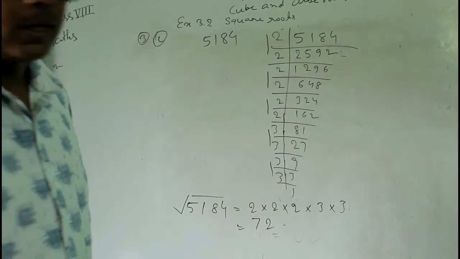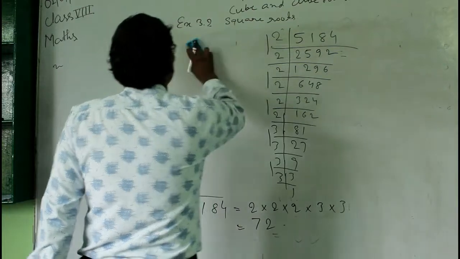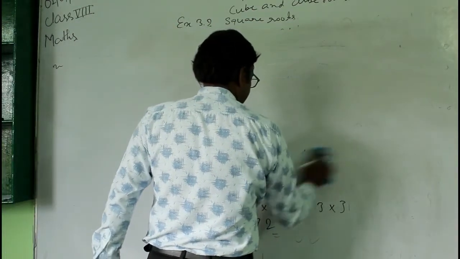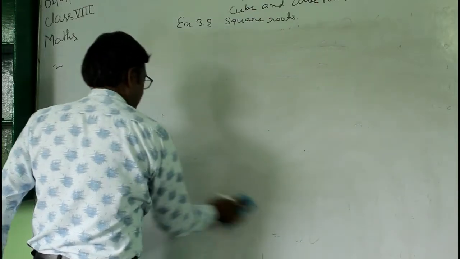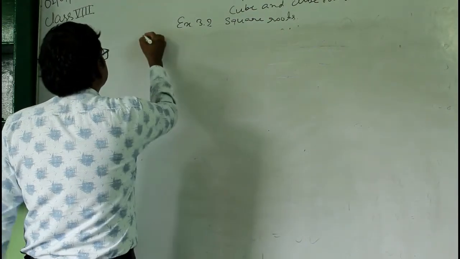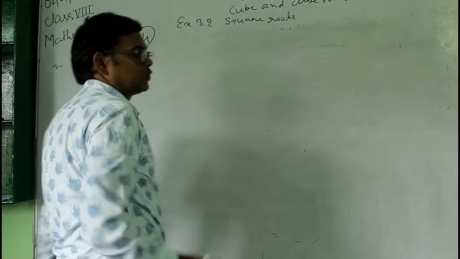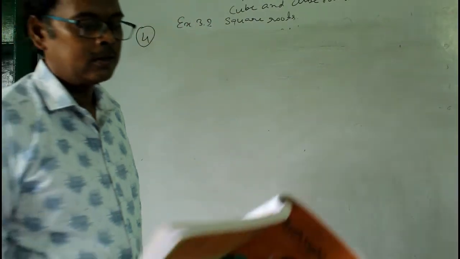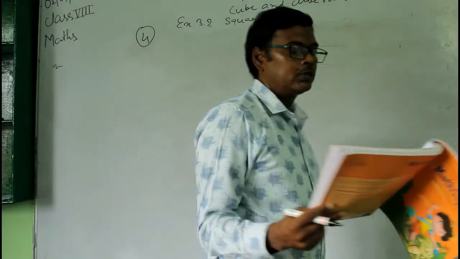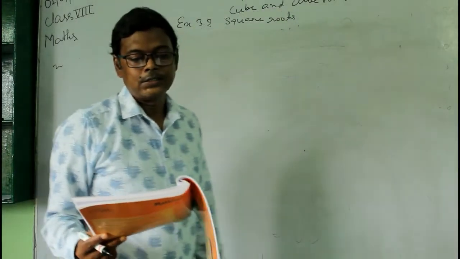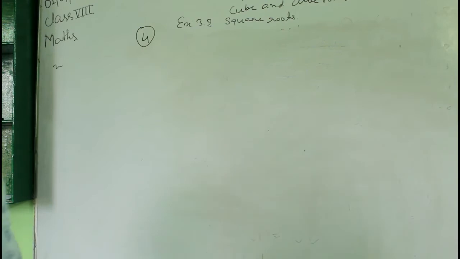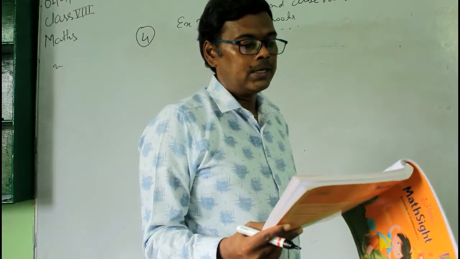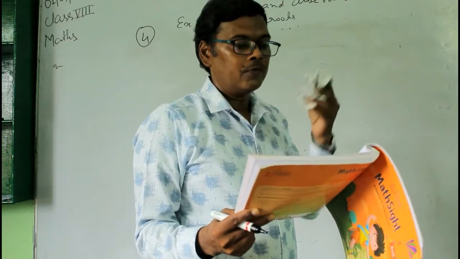And question number 4 now. In question number 4, you are given a gardener grows 2025 plants in his garden in the form of a square.